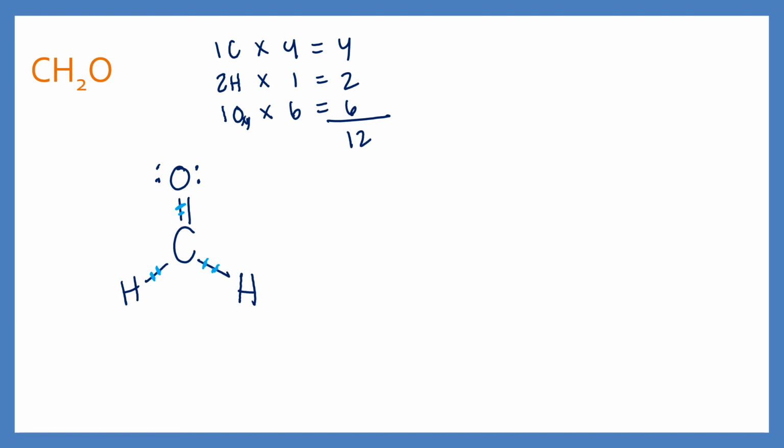And this is going to be much better because now both carbon and oxygen have a full octet. So let's see what we've used so far. We have 2, 4, 6, 8, 10, 12 electrons. So this is the correct structure.